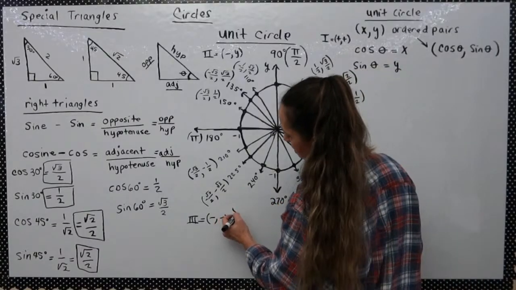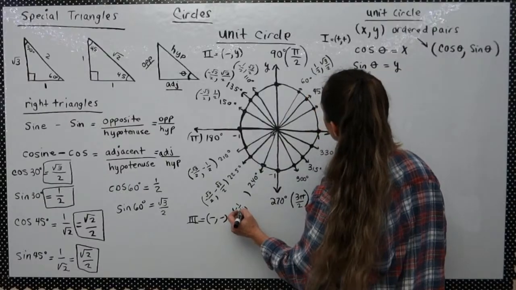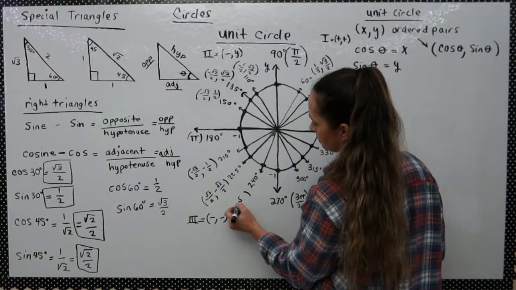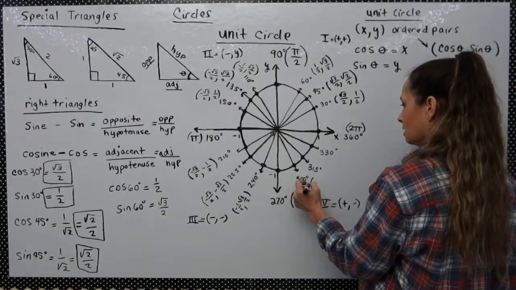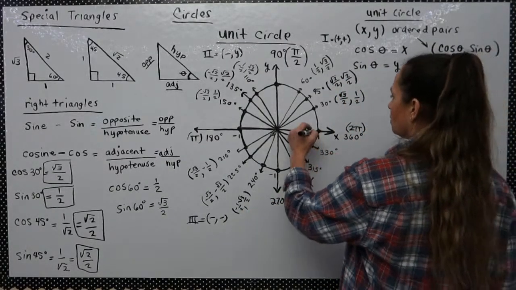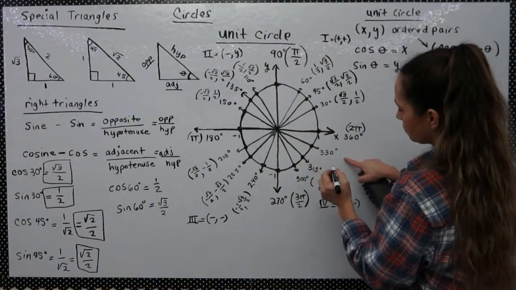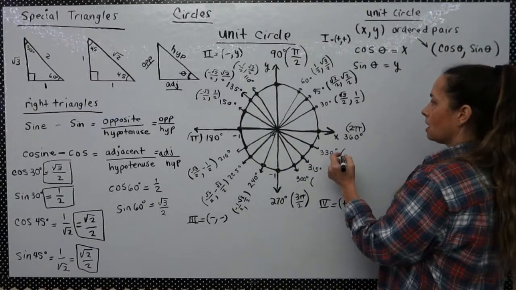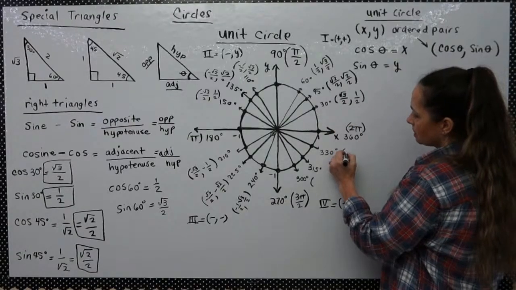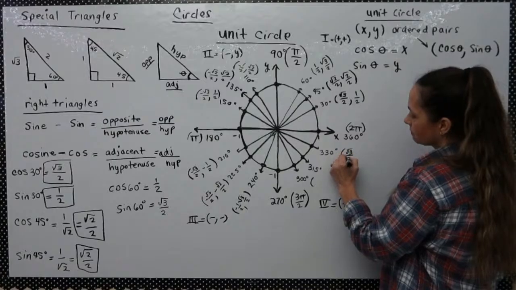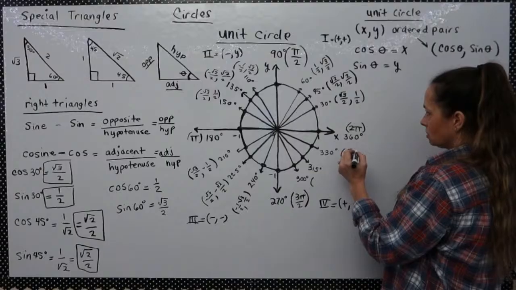240 here. This is going to correspond with the 60 degree, negative 1/2, negative radical 3 over 2. And then this one right here is going to be your 30 degree reference angle. So this one is the one corresponding with 30 degrees. The x value is going to be positive, and your y value is going to be switched because of quadrant 4, so that'll be negative 1/2.